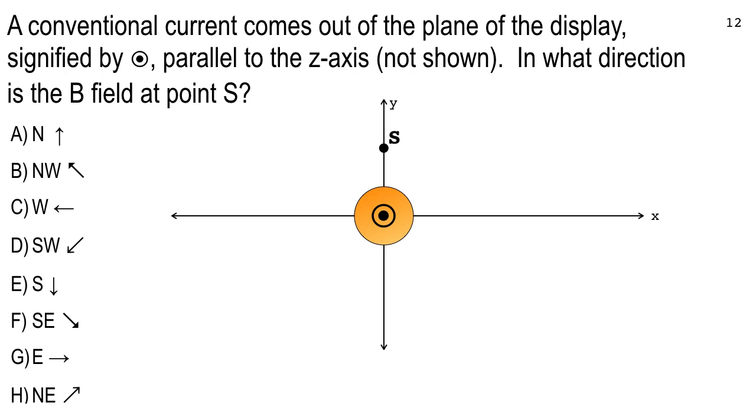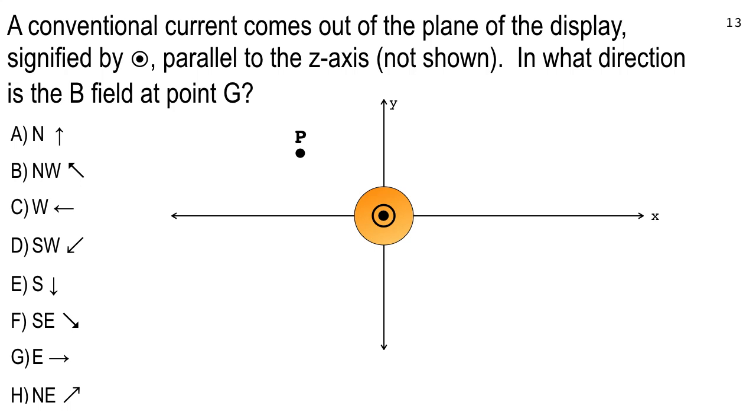Ten seconds, starting now. 9, 8, 7, 6, 5, 4, 3, 2, 1, 0. Okay, you ready to look at the answer? Did anybody get this? Very good. I could see that 97% of you got this. All right, good. Let's try another one then.